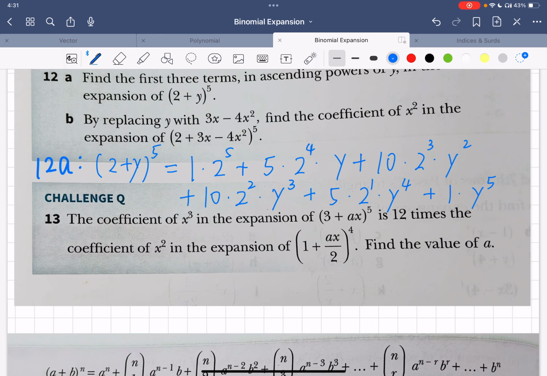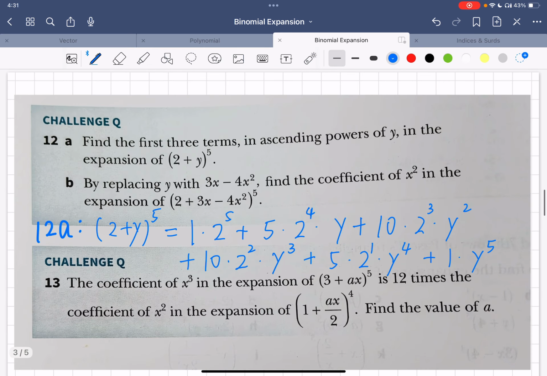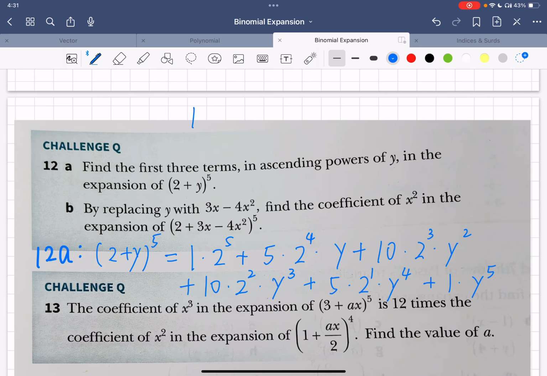In other words, for the first term, it's 1 times 2 to the power 5 times y to the power 0, plus 5 times 2 to the power 4 times y to the power 1. So for the first term, it's a descending trend. For the second term, it's an ascending trend.